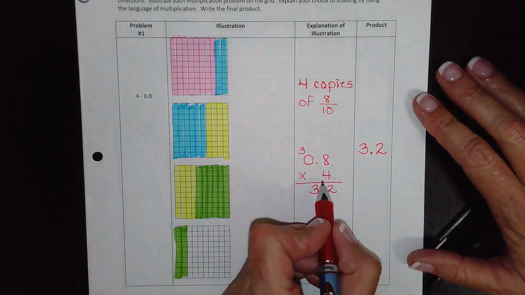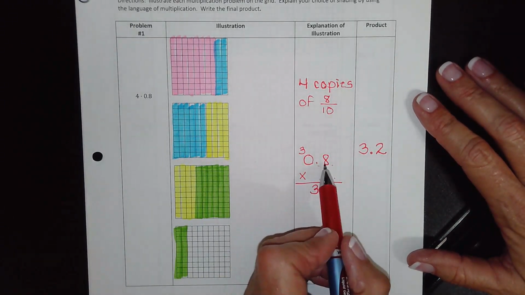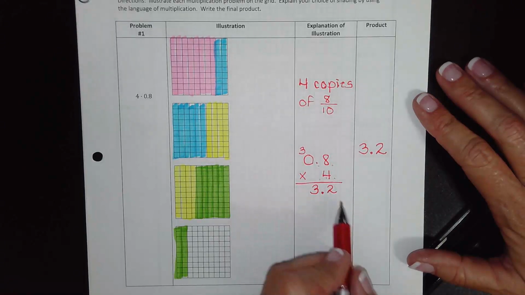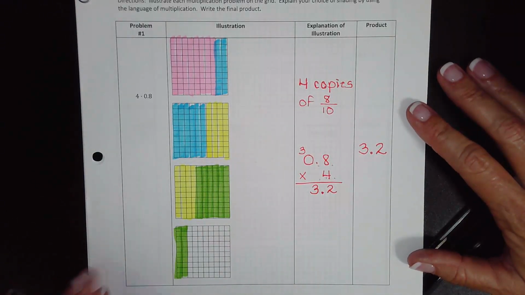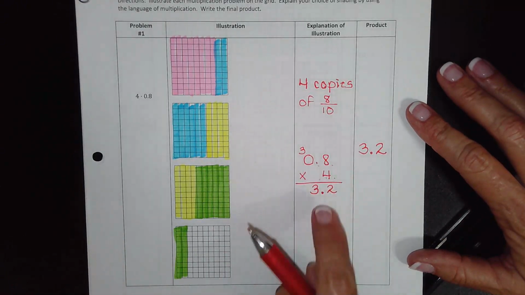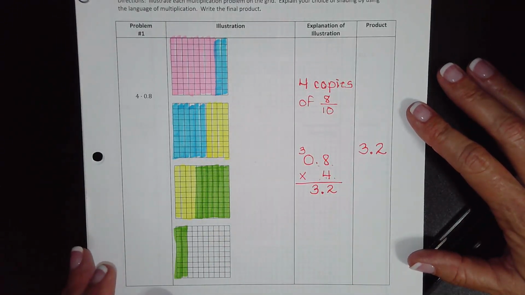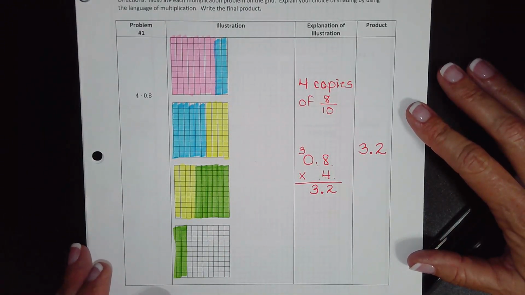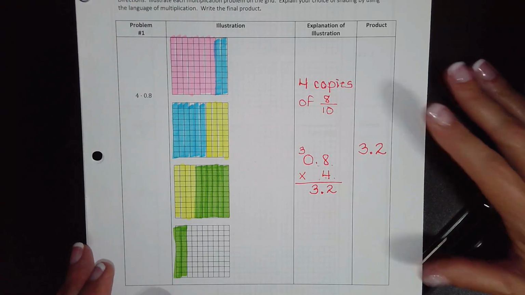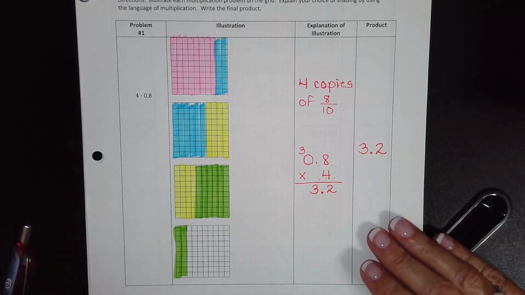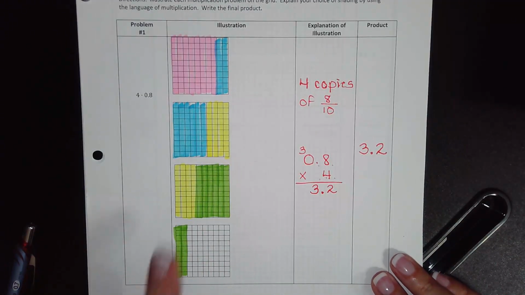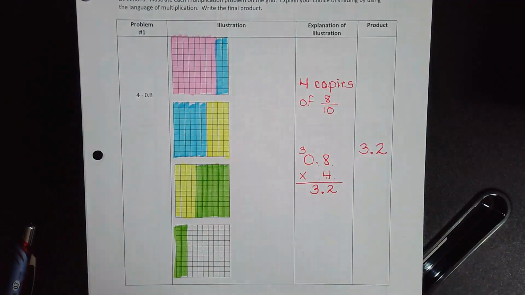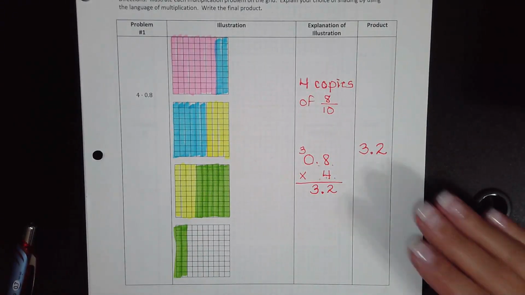So if this had been 0.4, for instance, then we'd go 1, 2, and we would have made 2 decimal places. But we just have 1 decimal place in this problem, so 1 decimal place in the answer. So that's the algorithm, and that's what we're going to use on the rest of the problems. But I just wanted you to see how cool the copies language was, how you could not even know how to multiply, but be able to get the answer from understanding the copies language.